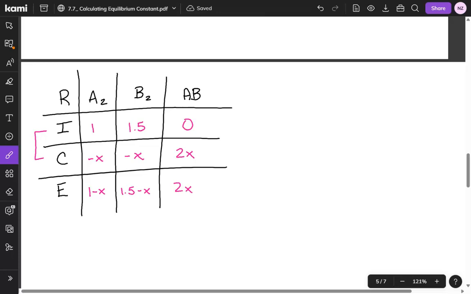Now let's write out our equilibrium expression. We know that our Kc value is 4.2 times 10 to the minus 2. Products over reactants, so we're going to have 2x squared over 1 minus x times 1.5 minus x.